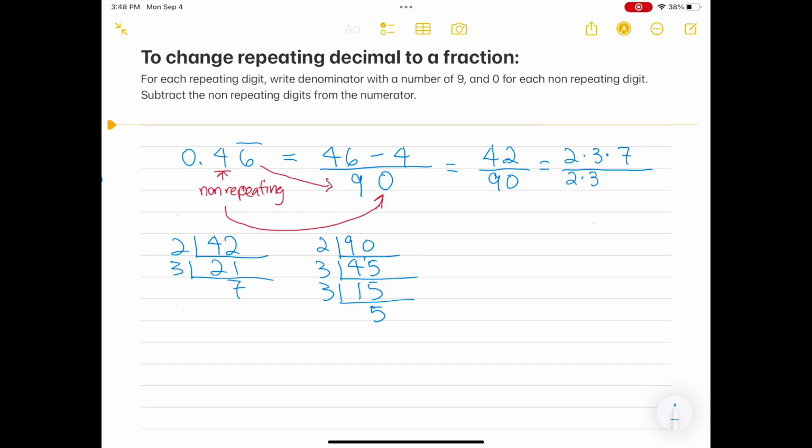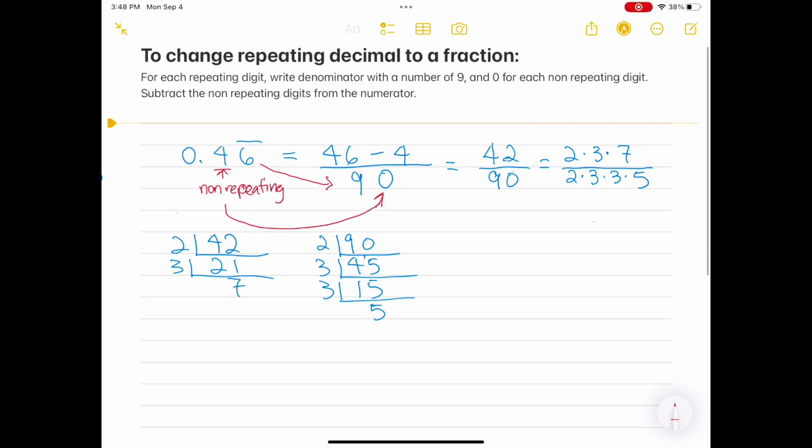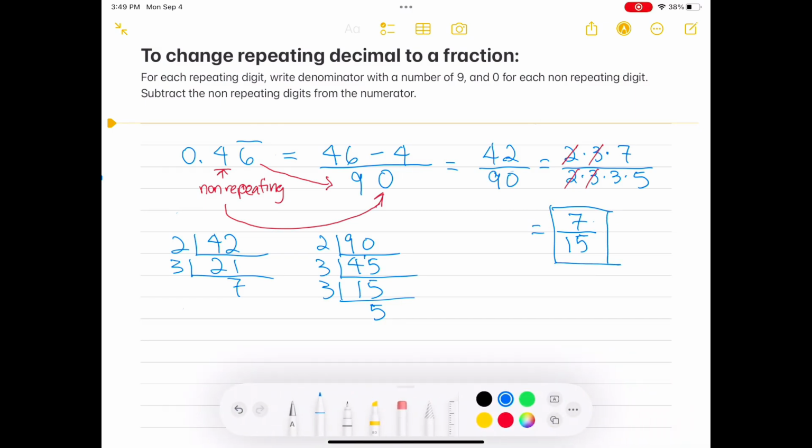And then we eliminate like factors in the numerator and the denominator. So the 2's cancel, and then the 3 in the numerator cancels with one of the 3's in the denominator, and that leaves us 7 in the numerator and 3 times 5, or 15, in the denominator. So 0.46 with a repeating 6 becomes the fraction 7/15.